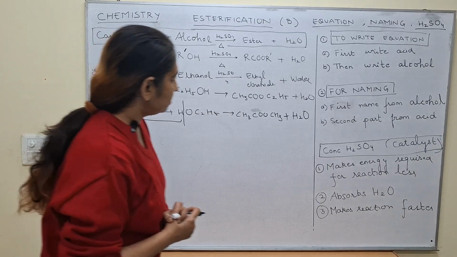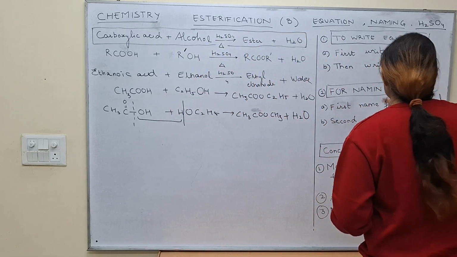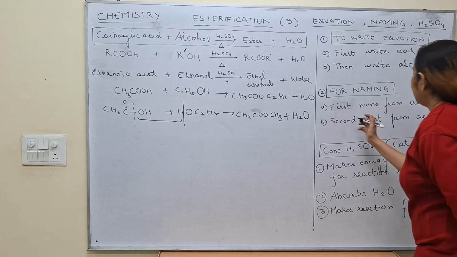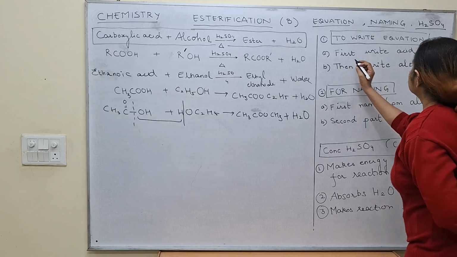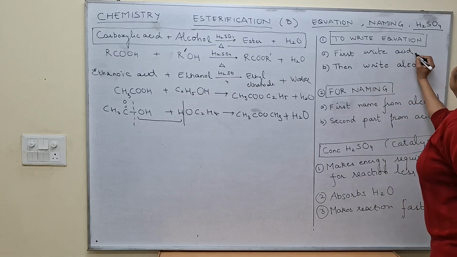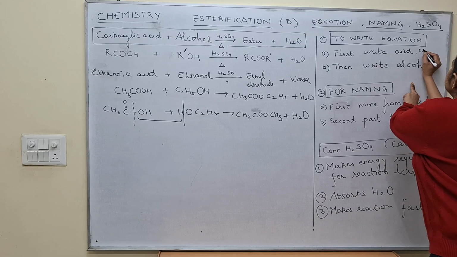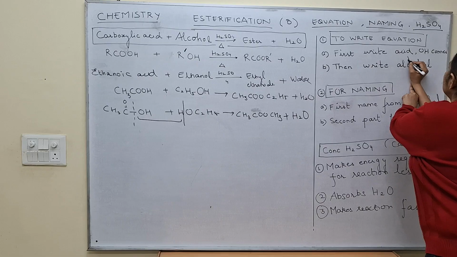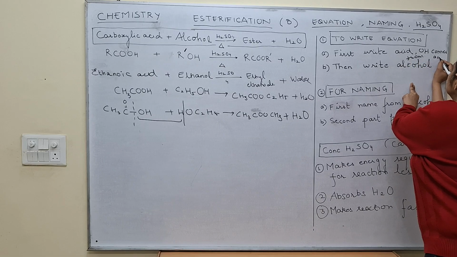I want to write it here only. First name comes from alcohol, and let me just write. First, write acid. OH, I know now it will be dirty, comes from acid.